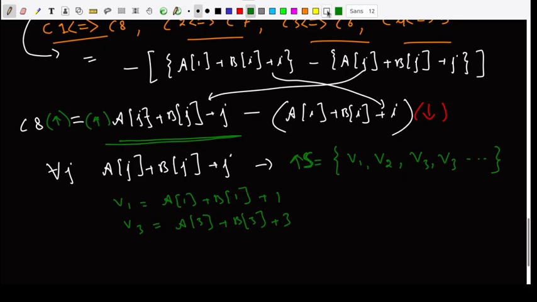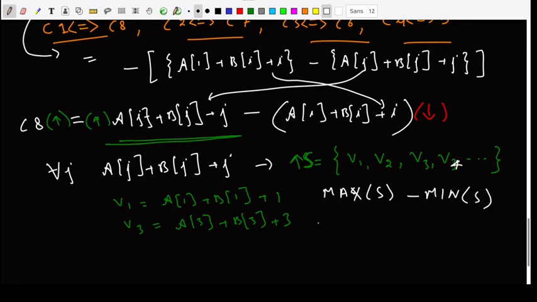Okay, and when we want to maximize this value, what we have to find out is the maximum of set S, right? And see, this also is the same set. We have already computed the values of v1, v2, v3, v4, right? And from here we will find the minimum value of the same set S, right?